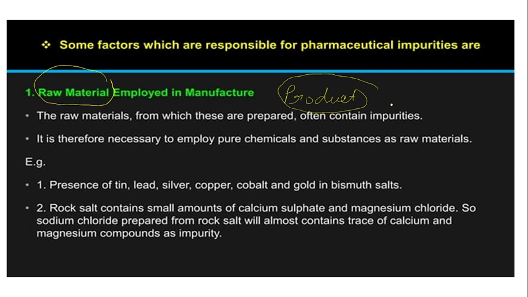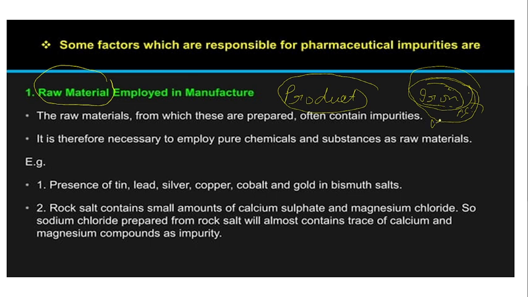I'm just taking an example. When we take iron ore, not only iron is present, it also has other impurities like sulfate, magnesium, aluminium, etc. So in that particular ore, all these impurities are present. But if we need to extract the iron, then we need to remove all these impurities from that ore.